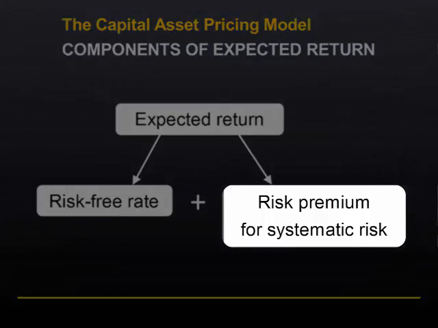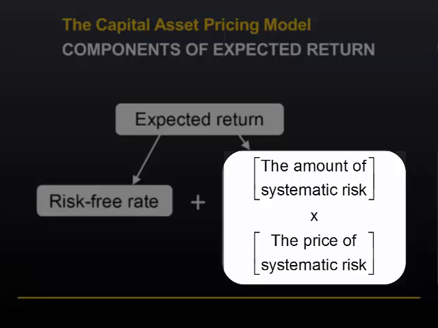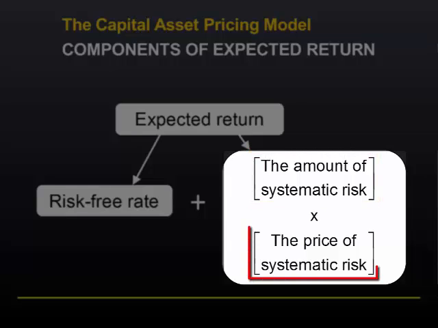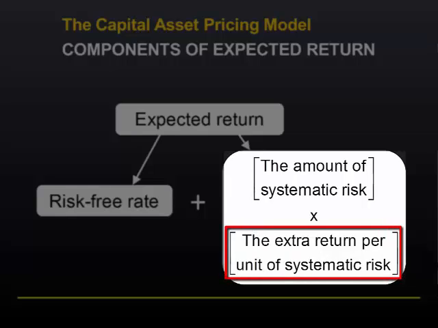Let's look a little more deeply into what makes up this risk premium. The amount of extra return that we should get is equal to the amount of systematic risk times the price of systematic risk. In other words, given the amount of systematic risk, how much extra return do we get per unit of systematic risk?